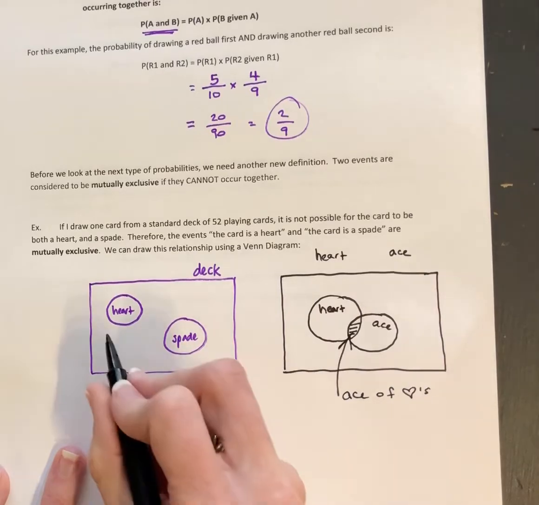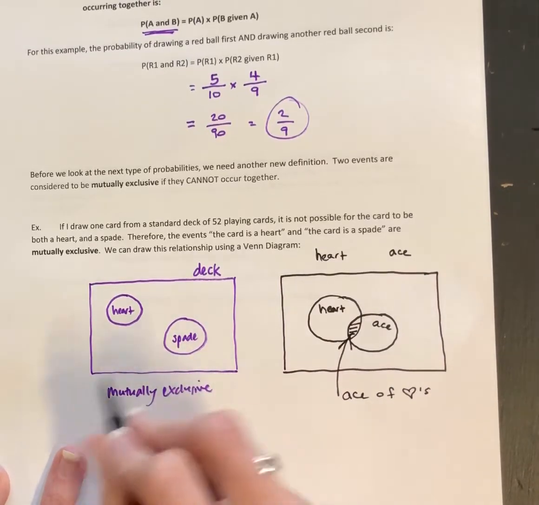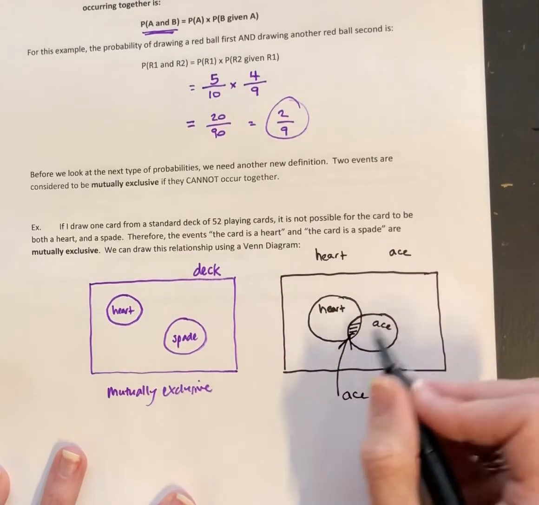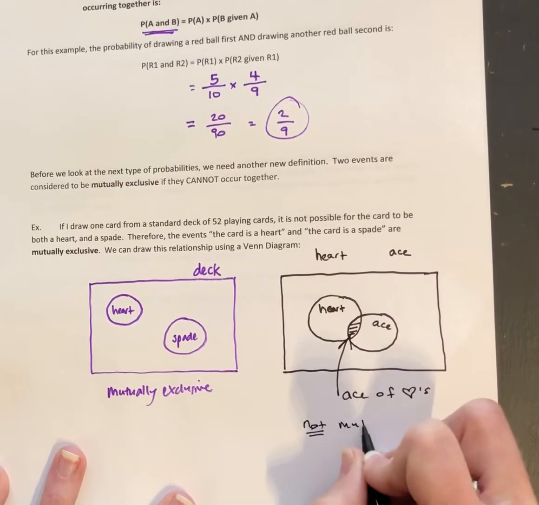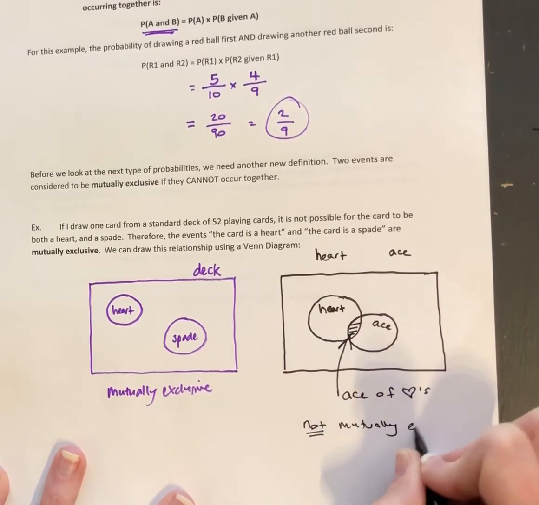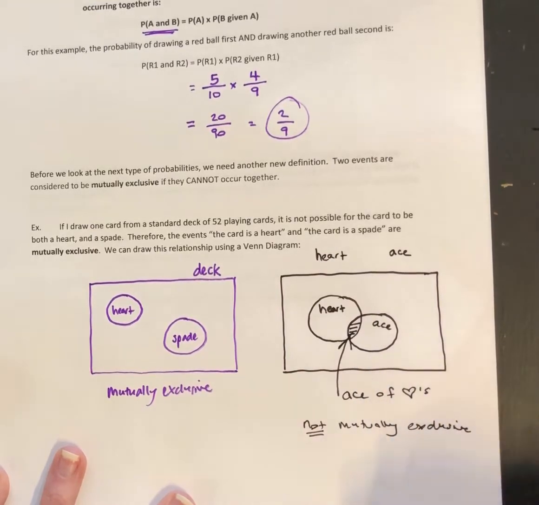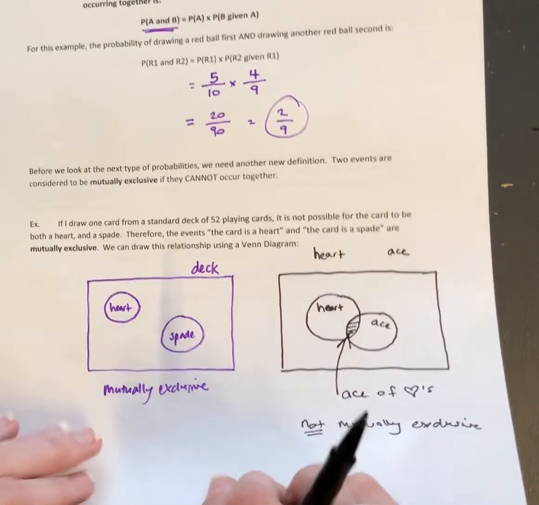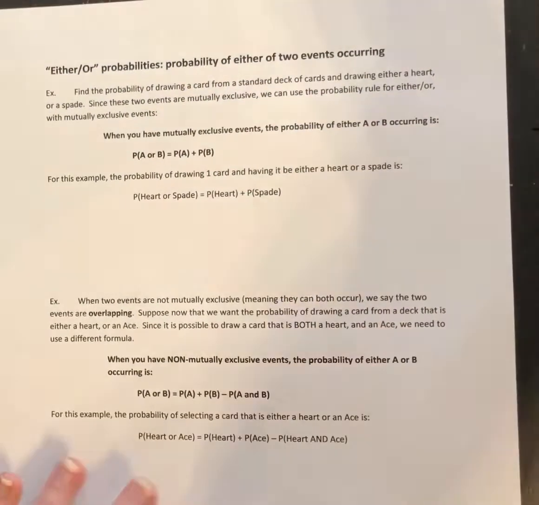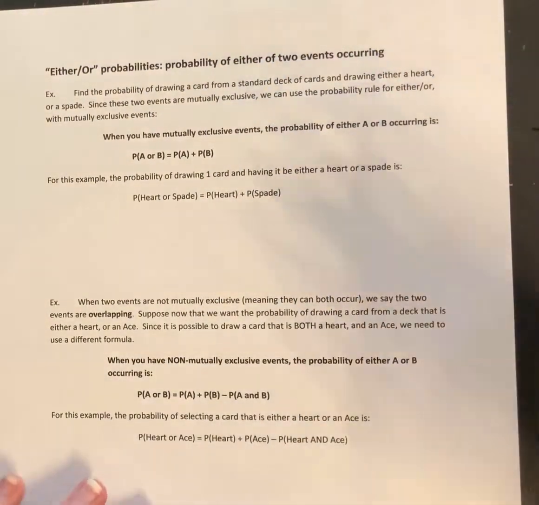And so whereas hearts and spades were mutually exclusive, hearts and aces are not mutually exclusive. That just gives us a little bit better understanding, I hope, of the definition of mutually exclusive, and then we can use that to go into some examples.